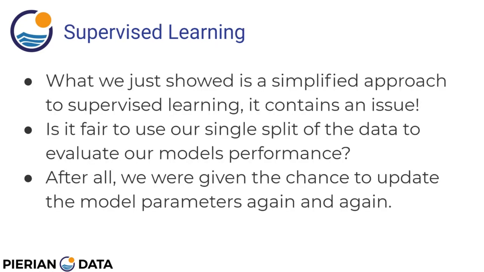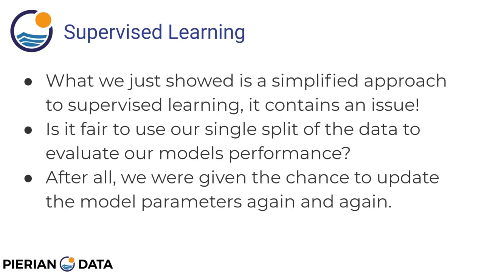Now, something to note here is what we just showed was technically a simplified approach to supervised learning, and it does contain a key issue, which we kind of touched upon during that test-train split. And the question arises, is it fair to use that single split of the data into one test set and one training set to actually evaluate your model's performance? So when you actually test your model on the test data, you'll get some sort of performance metric.